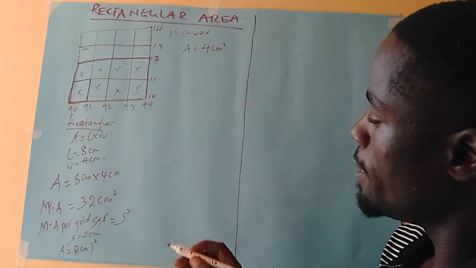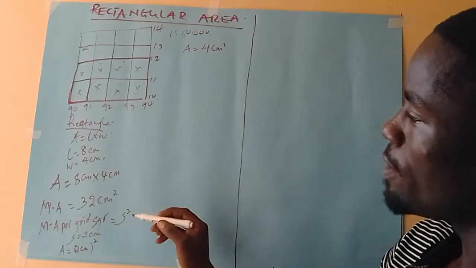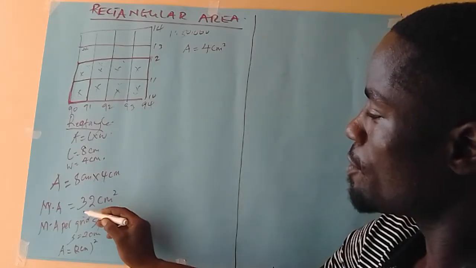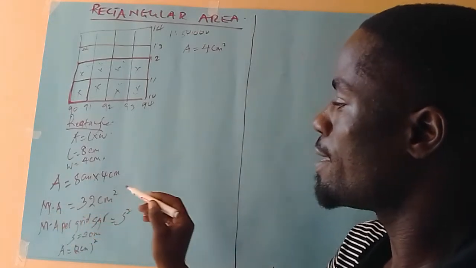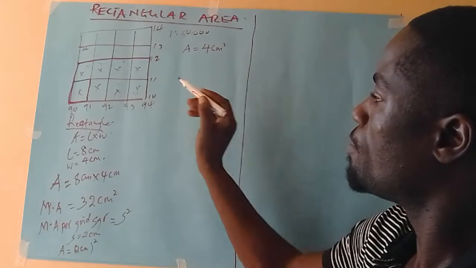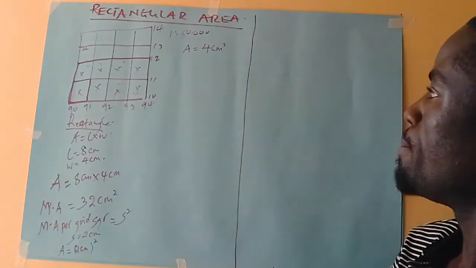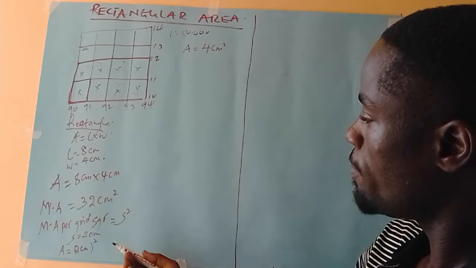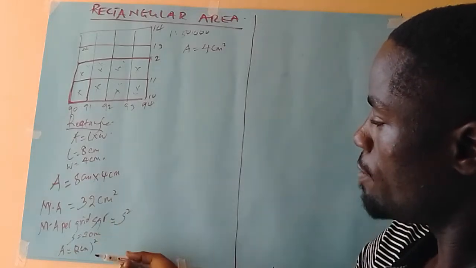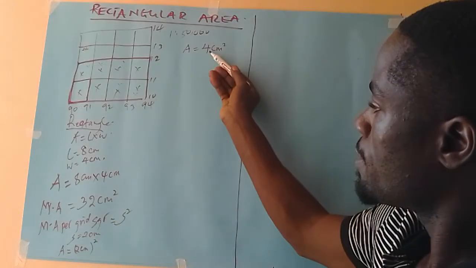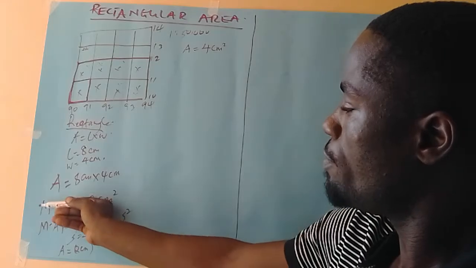But that is not the point. This is driving us to finding the actual ground area. I told you they are interested in finding the actual ground area of the game reserve, for example. So now we have the map area per grid box and the map area of the feature.